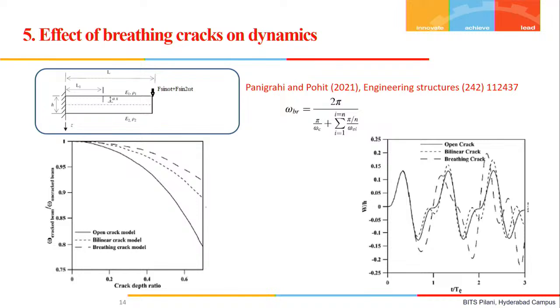Therefore this dominant frequency, or the breathing frequency, is taken as the harmonic mean of all the frequencies taken at different instants of time in one half cycle of vibration, and obviously for one half, that is pi, it will be nothing but the frequency of an intact beam.